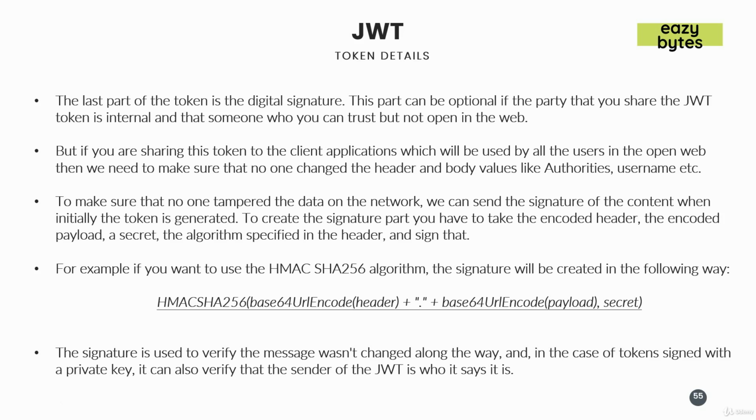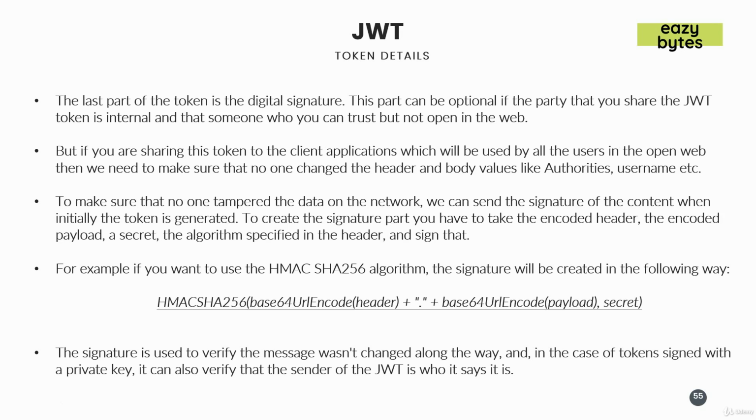So what we do is we generate a hash value out of the header and body values that got generated in the token. We send that hash value inside the token also. And if someone tampers with my header and body values from the other side and sends the value again to me, my backend application will calculate the hash value of the header and body again and compare the value already present in the token with the newly generated hash value.